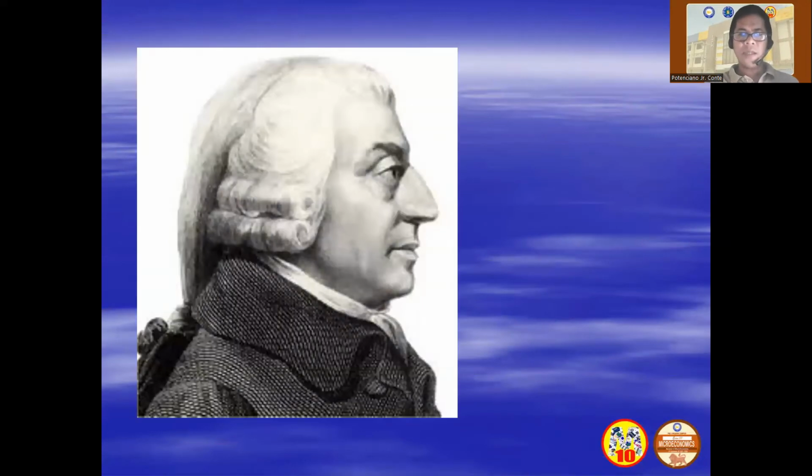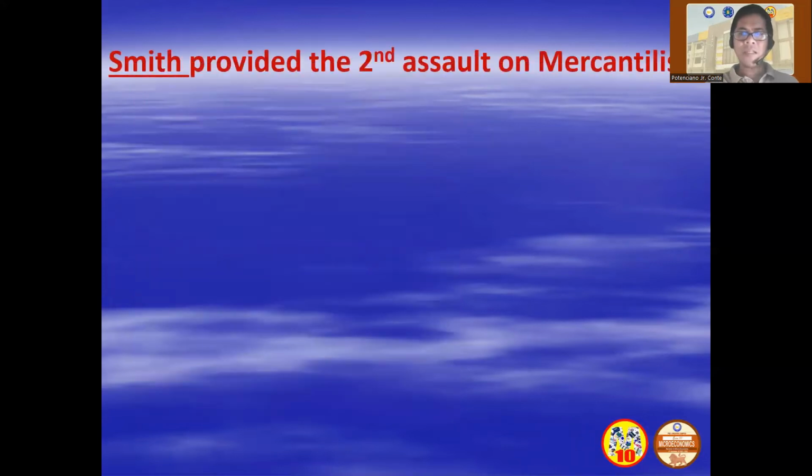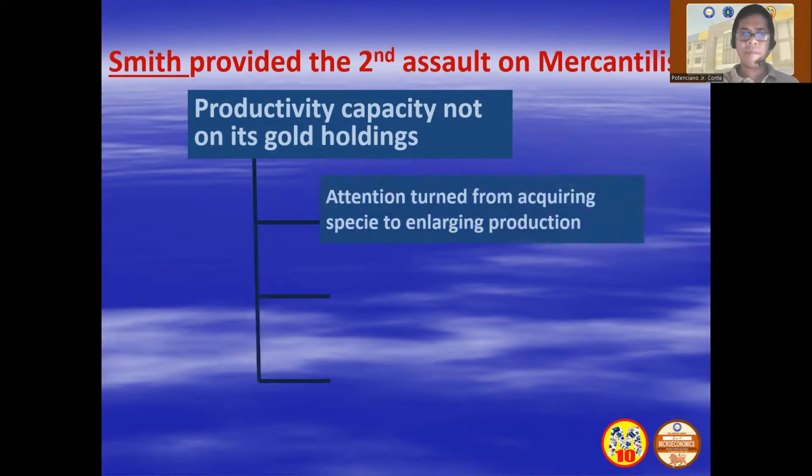So, here's an image of Adam Smith, known as the father of modern economics, who provided the second assault on mercantilism next to David Hume. He believed that productive capacity, not gold holdings, was the key factor for economic growth.